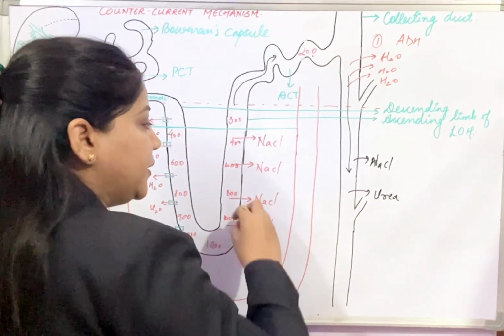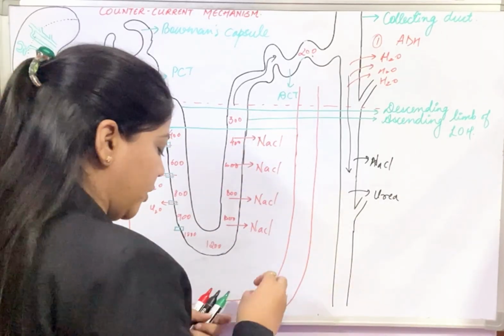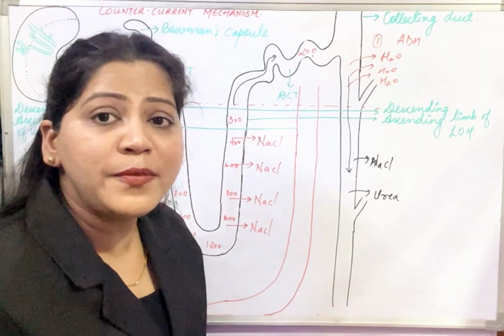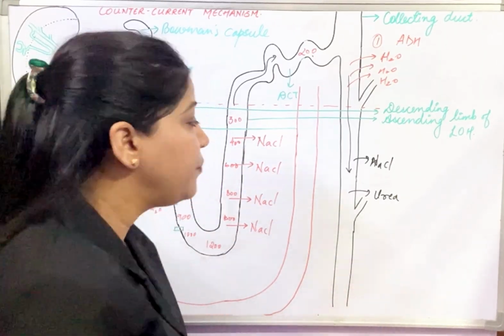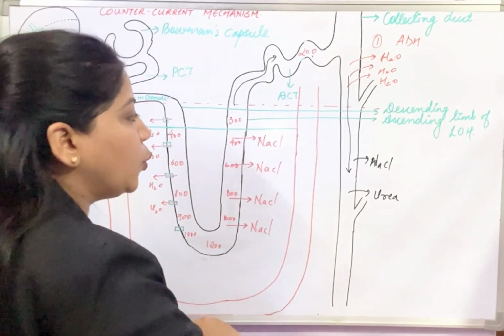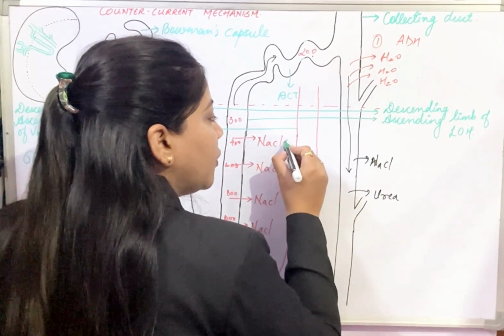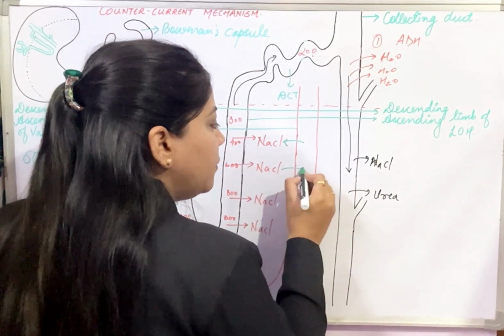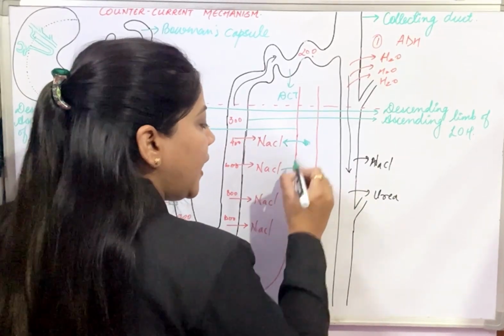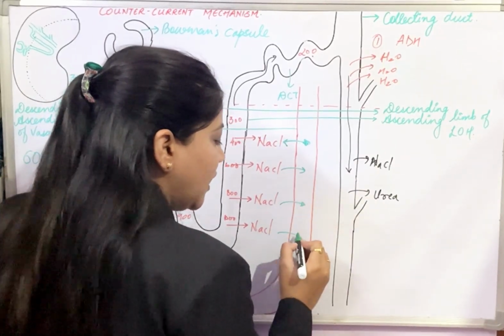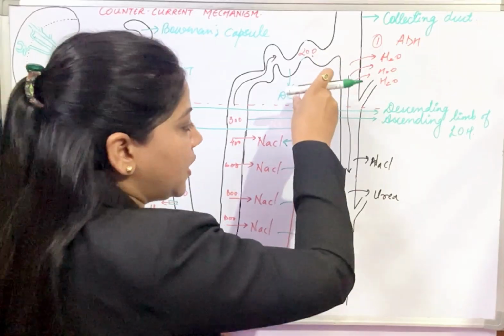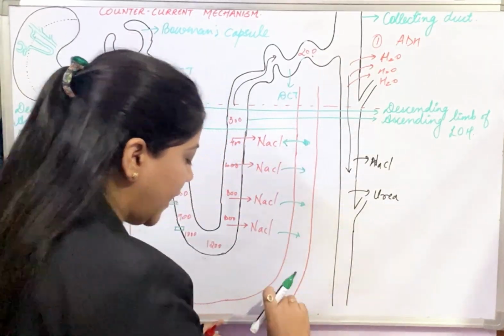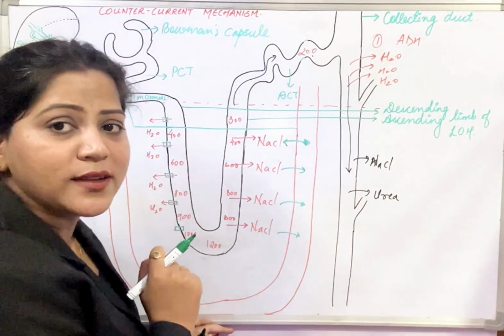The NaCl dumped into the interstitium fluid from the ascending limb of loop of Henle will be absorbed by the vasa recta. This is the descending limb of vasa recta, and this is the ascending limb of vasa recta.